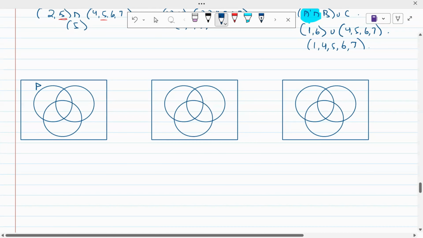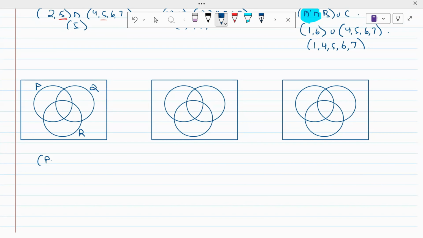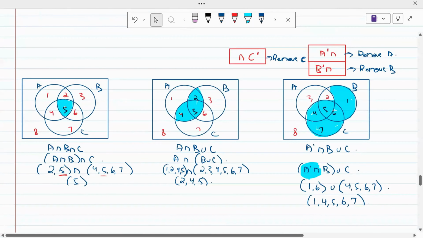So let's say this is now P, Q, R. And I'm using the complements here. So this time I'm saying P intersection R whole complement intersection Q. Shortcuts to be remembered as we discussed earlier, intersection complement case.